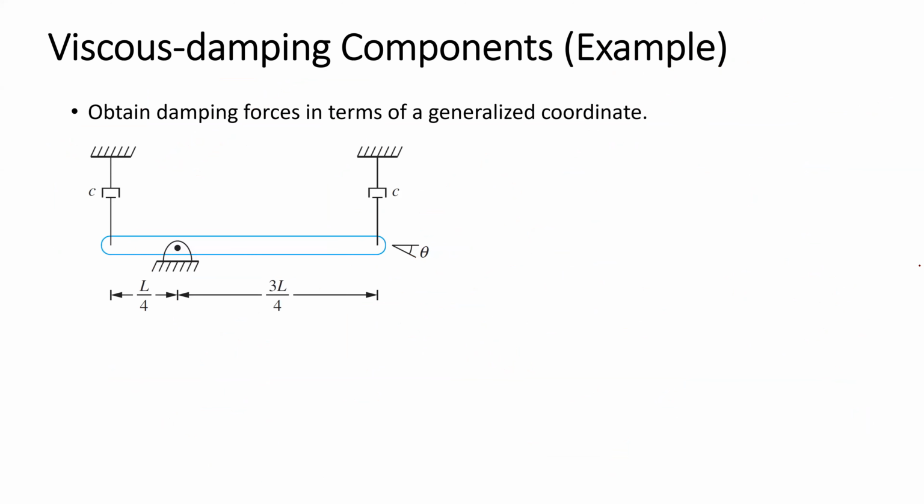So if we have C, the damping coefficient, how can we obtain the damping force? It's not easy to combine the damping components.